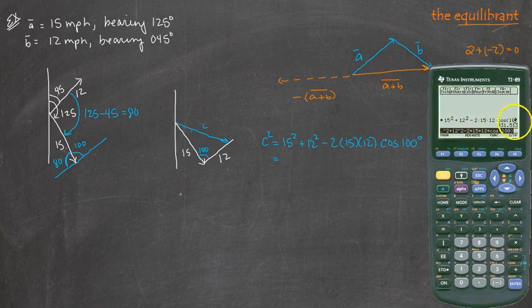I've put in the exact expression, and I get a value of 431.513. So that equals c squared. So c equals the square root of that value, which is 20.7729. I'm going to round it to 20.77.